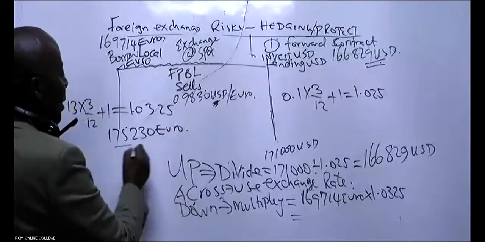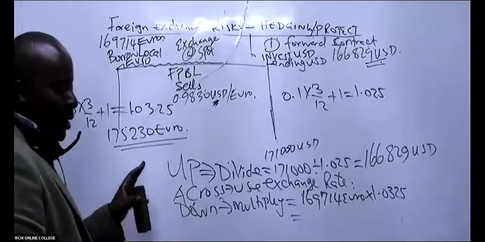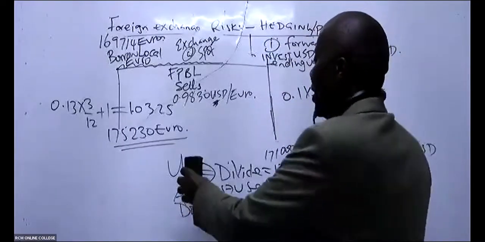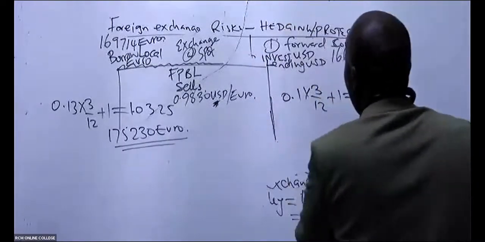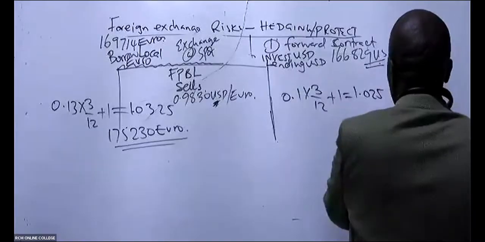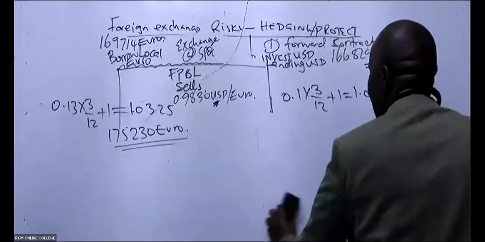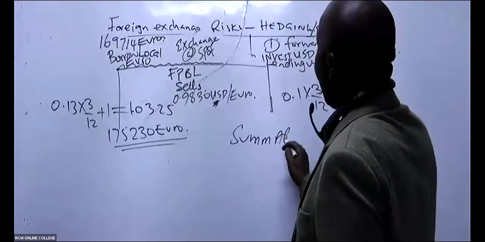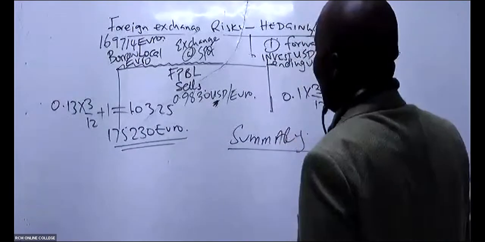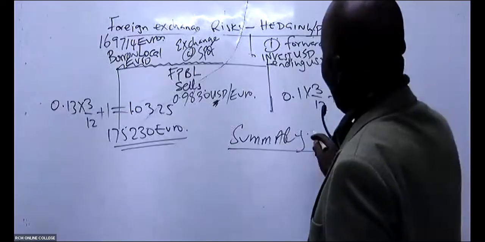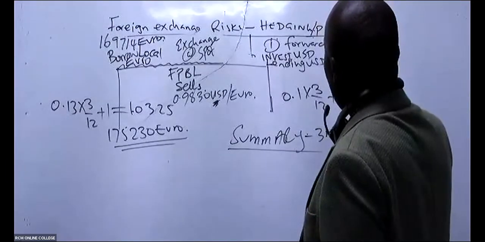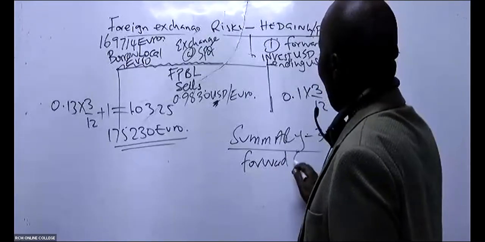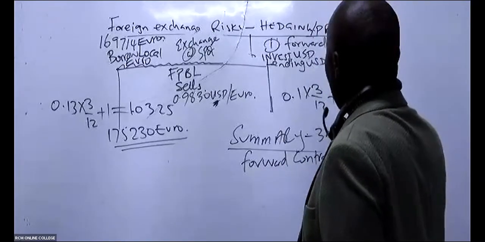I don't know whether, Cecilia, you've been able to get this answer. Thank you so much. So then go ahead and give us a summary. So remember, for 3 months, we had forward contract or forward market cover.